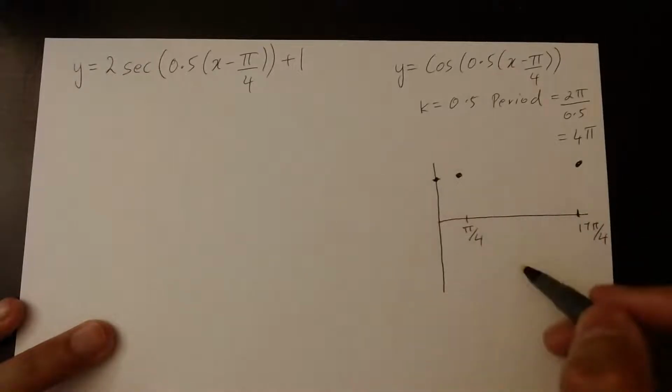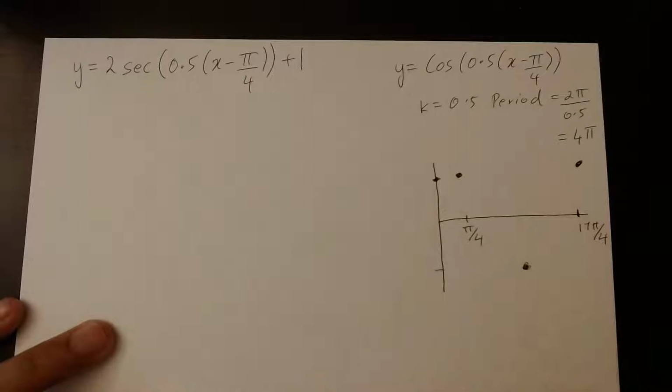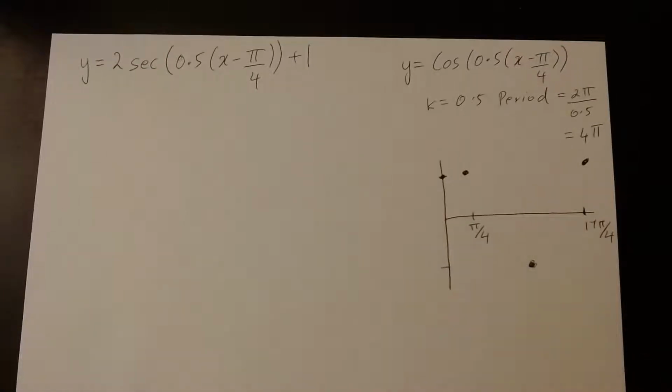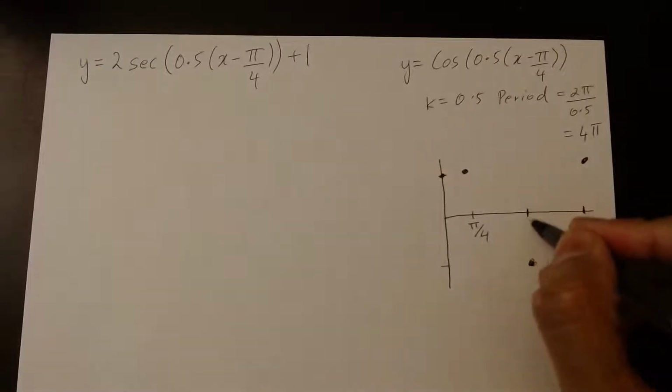Now I'm going to do the midpoint of these two to find my minimum. So I'll do that on my calculator. Pi over 4 plus 17 pi over 4 divided by 2 is 9 pi over 4.